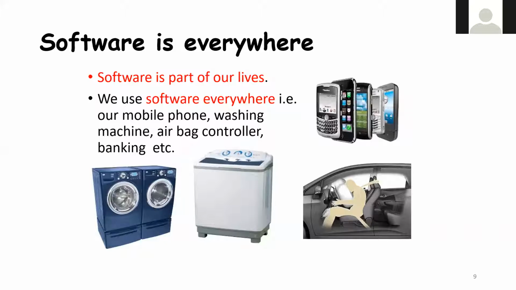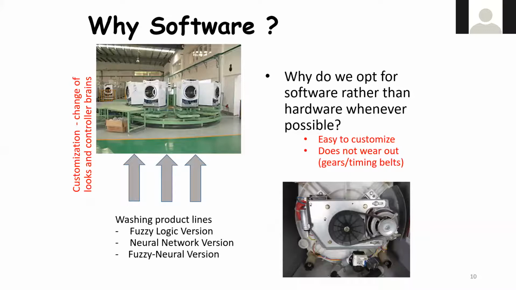Because why? Because software is easy to change. For example, if you want to customize a mechanical product, it's difficult to change. But with a washing machine, you can give it a different brain easily by changing how the algorithm works, rather than changing the gears, as in an old-fashioned washing machine.